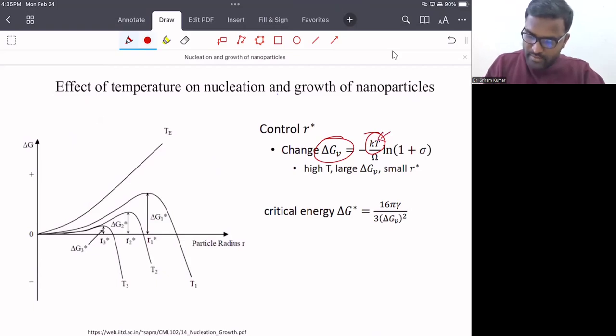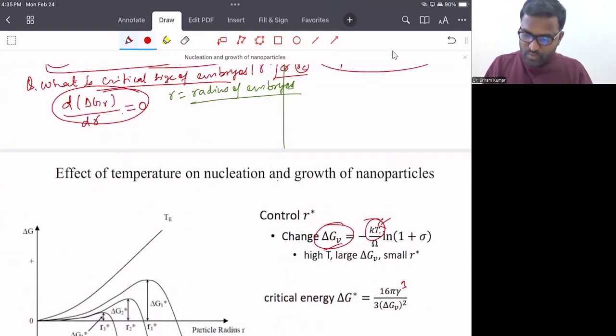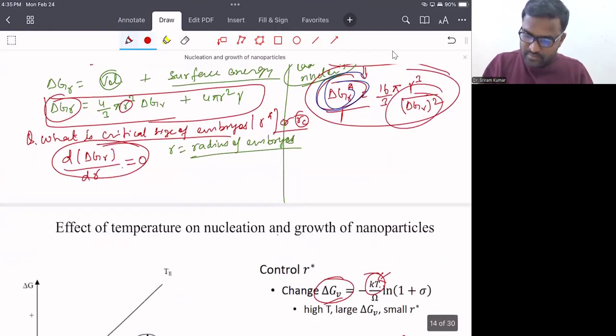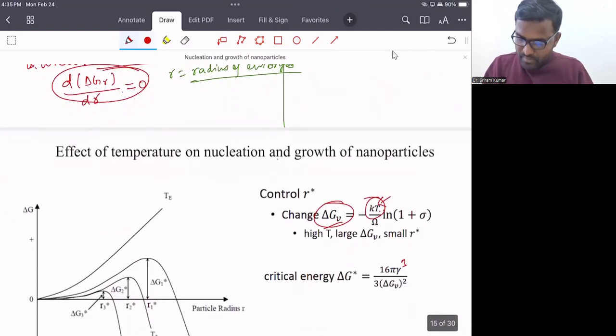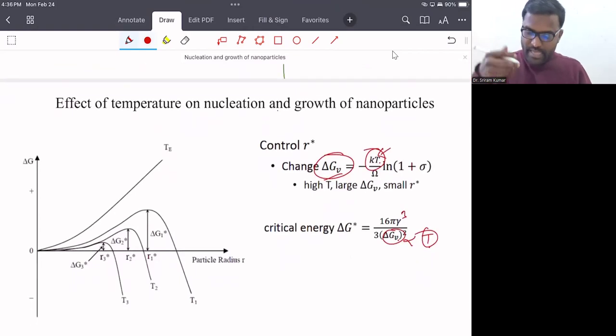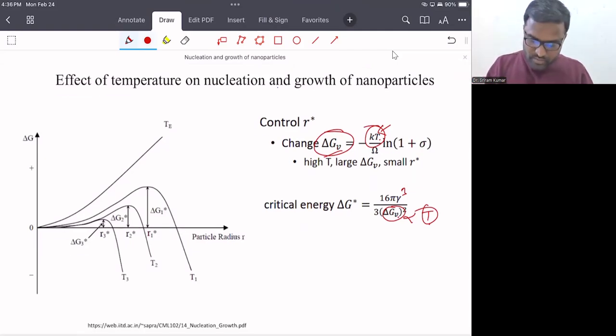Because of this temperature, we get that energy difference, and that is a function of temperature. Based on this, we can explain: if we have the higher temperature, in that case, we have the smaller barrier.